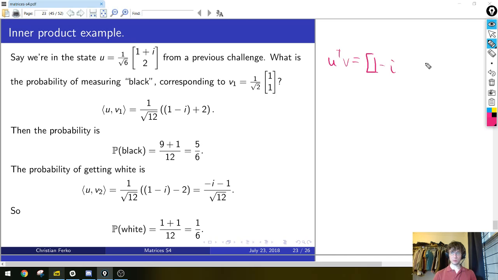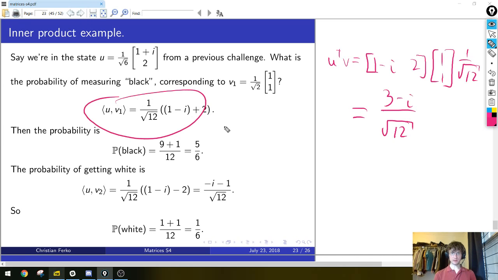So (1 minus i, 2) and (1, 1). Then I take the constants, 1 over root 6 times 1 over root 2 is 1 over root 12. And now I multiply these: 1 minus i times 1, and 2 times 1 gives me 3 minus i over root 12. I haven't combined the 2 and 1 here, but this is 3 minus i over root 12.